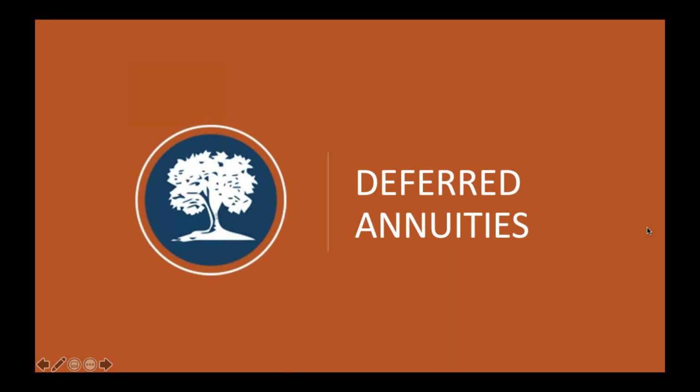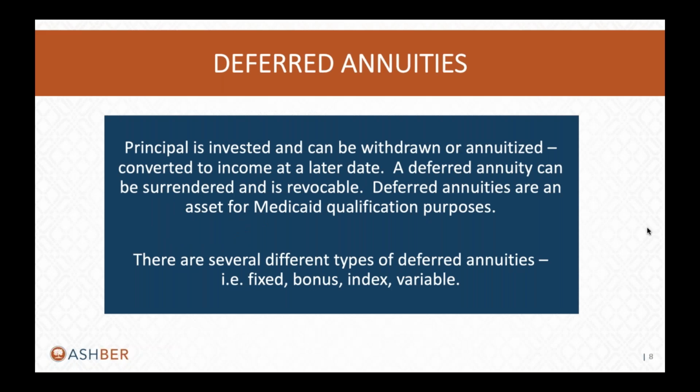So we're going to start out talking first about deferred annuities. And like I said, a deferred annuity for Medicaid qualification purposes is always going to be considered an asset because it can be surrendered or withdrawn from the insurance company. So it's considered to be a revocable contract. There are several different types of deferred annuities. There's fixed, bonus, indexed, and variable contracts.